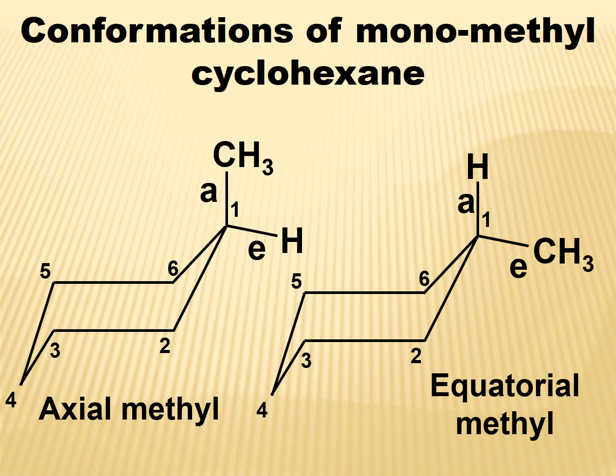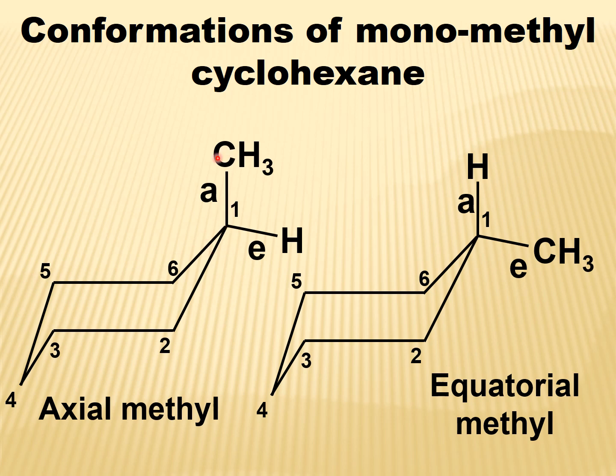Now looking at the stability of these two conformers, you can see here the axial substituent. When the methyl group comes in the axial position, it can undergo 1,3 diaxial interactions with the hydrogens on carbon 3 and carbon 5, because both are alternate carbons with respect to carbon 1.